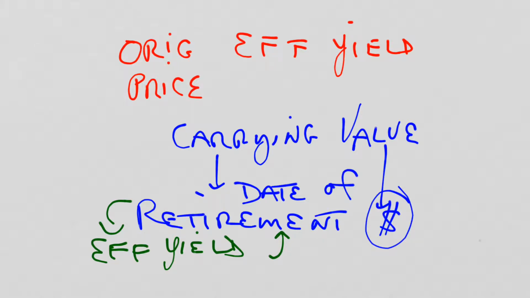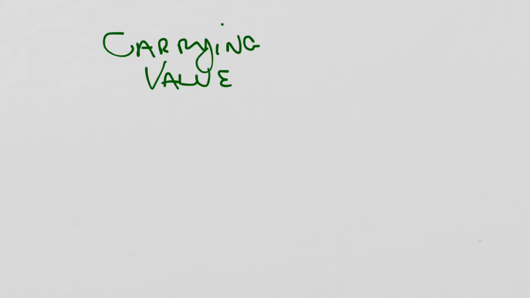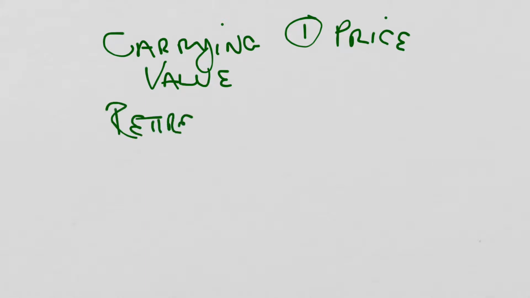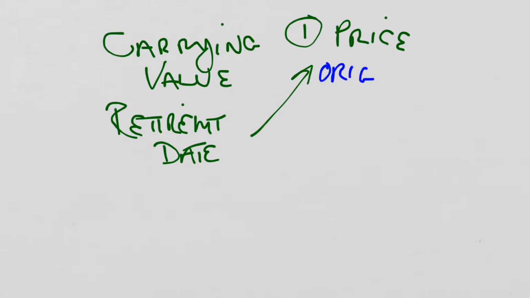I think in a shortcut method, what you could probably do is calculate the carrying value at the date of retirement by doing two steps. One, what's the price at the date of retirement based on the original effective yield and all the other terms.